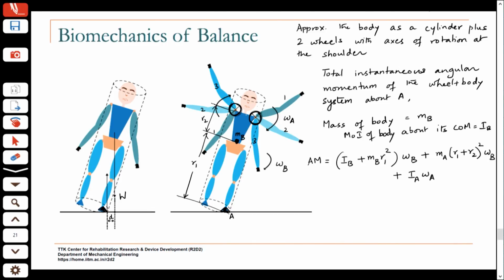Omega b I do not have control over. This omega b is after the push, right? At that instant, the body is toppling. So, there is no external moment that will generate that.